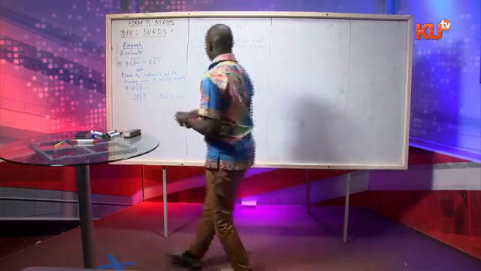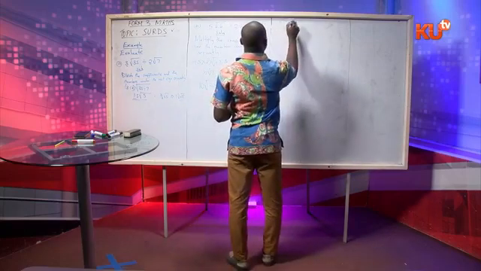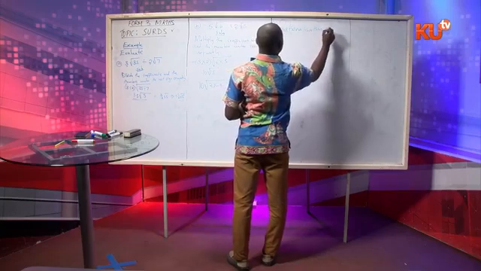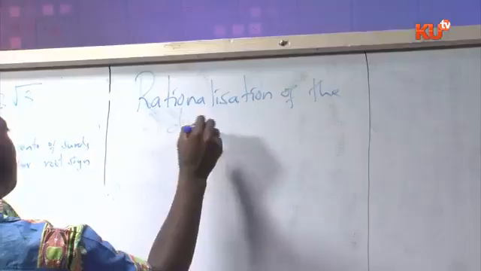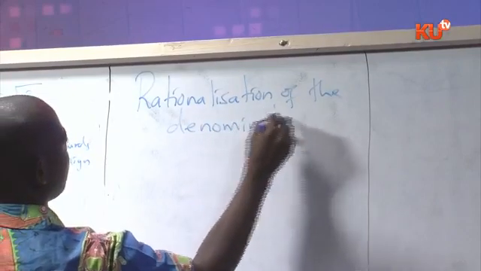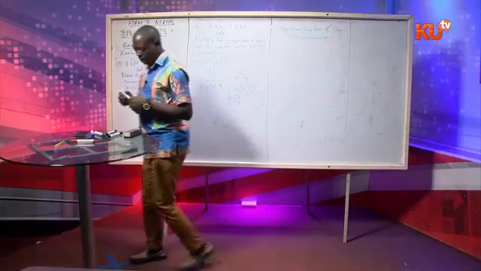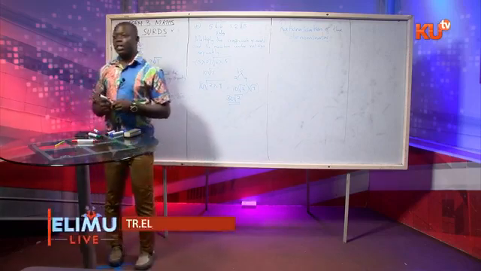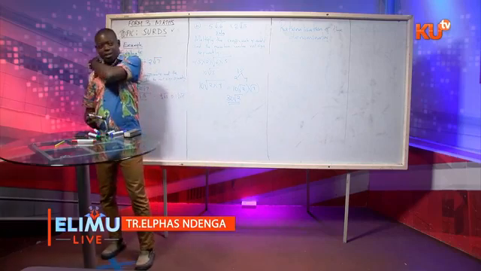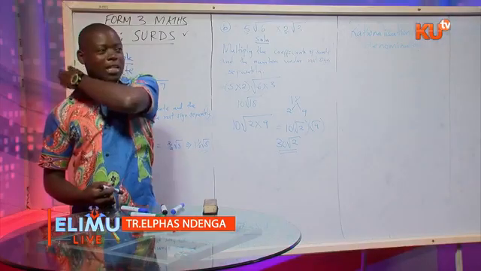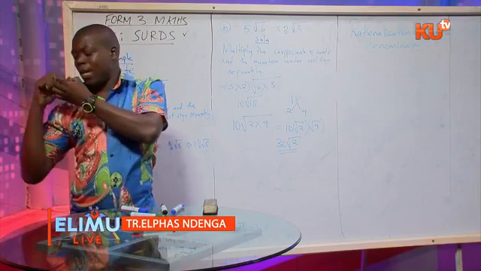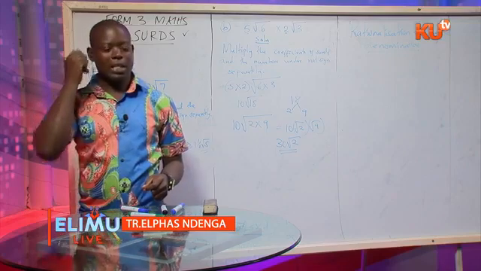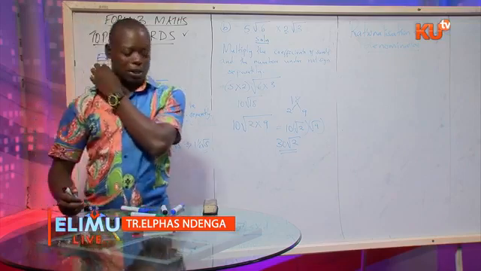Now, what is rationalization? Rationalization is simply the process of eliminating a surd from the denominator.